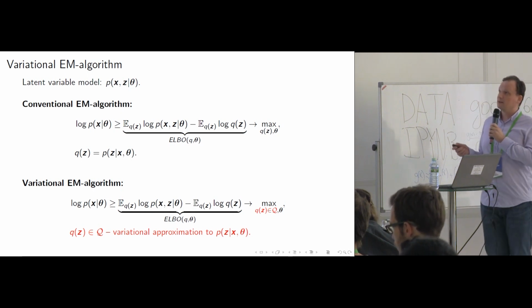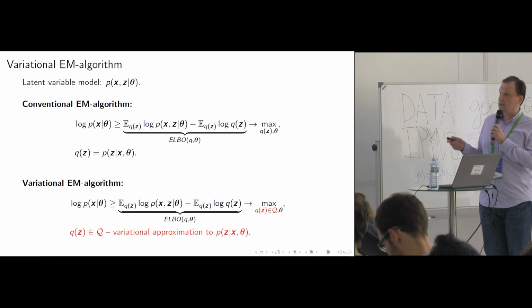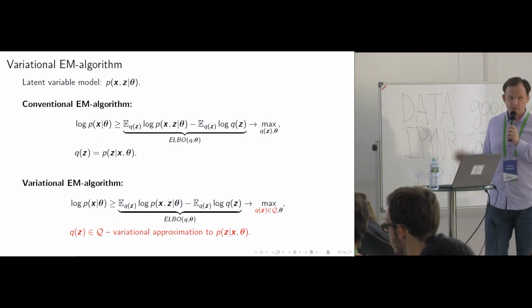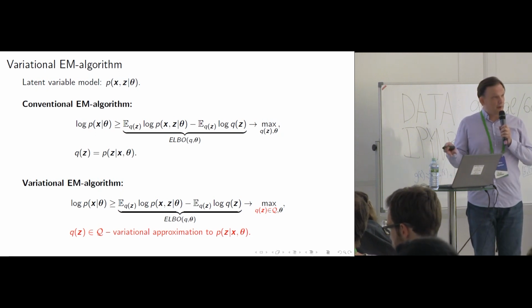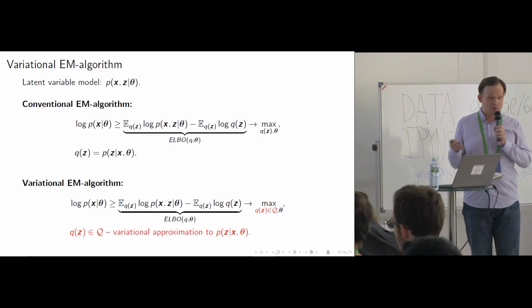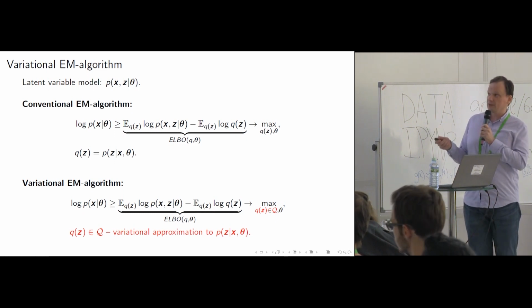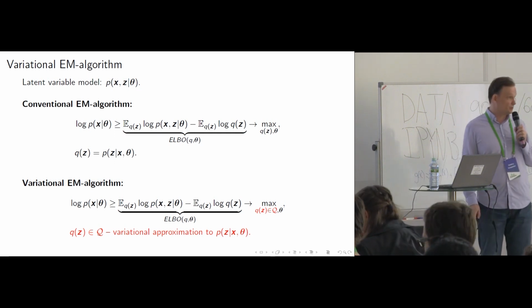So again, in the conventional EM algorithm, we have this problem, the evidence lower bound, which is maximized with respect to two groups of parameters. So if we try to use the variational approximation idea within the EM algorithm, what we do, instead of this step, on the E step, is try to find a variational approximation to our posterior distribution.